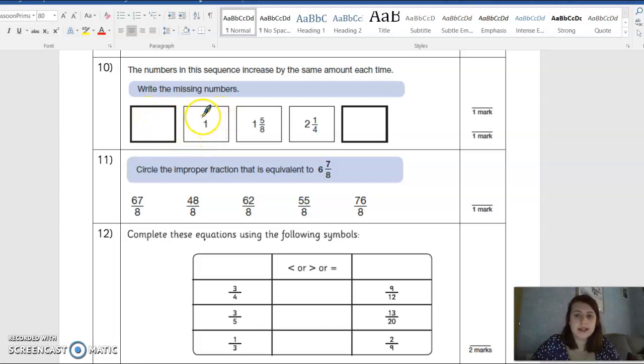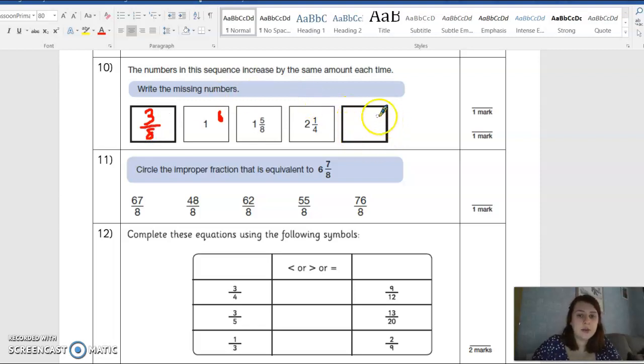If 1 is the same as 1 whole, that would be 8/8. Then we just need to take 5/8 away from 8/8, and that would give us 3/8. So hopefully you got that one right.